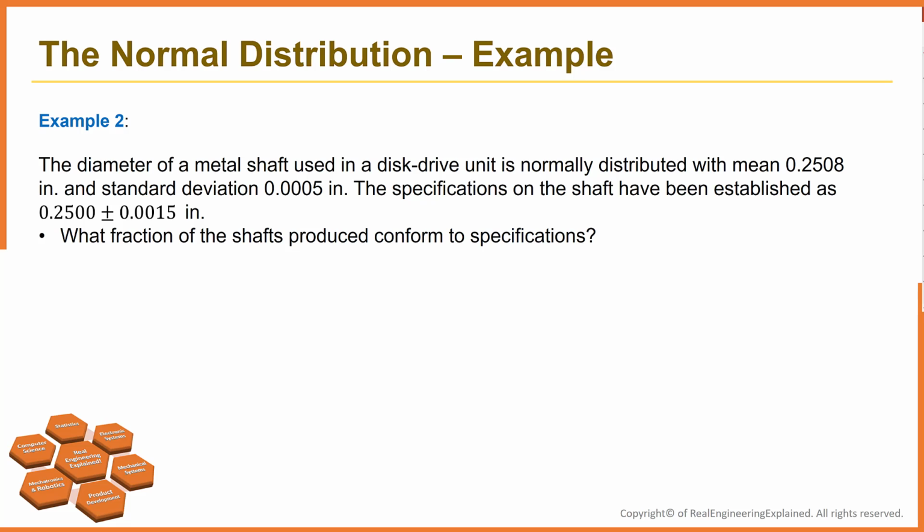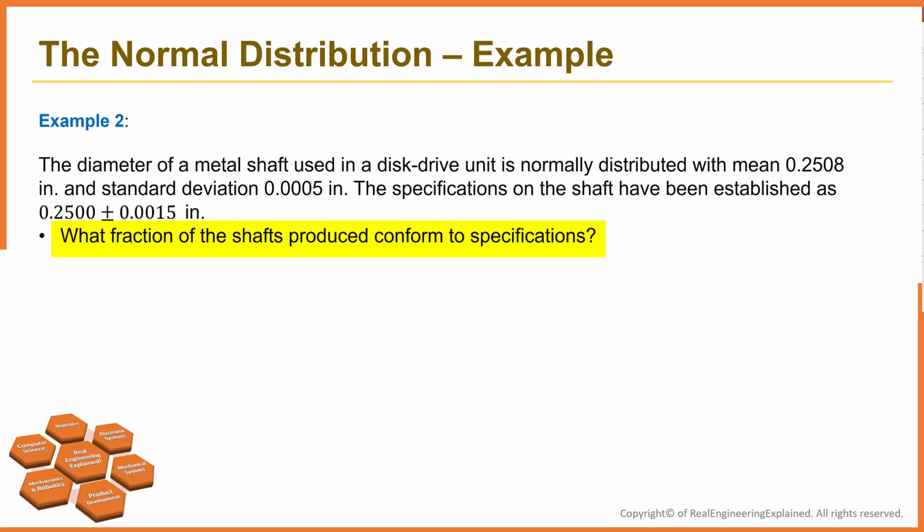Let's do example 2. The diameter of the metal shaft used in a disk drive unit is normally distributed with a mean of 0.2508 inches and a standard deviation of 0.0005 inches. The specifications on the shaft have been established as 0.25 plus or minus 0.0015 inches.